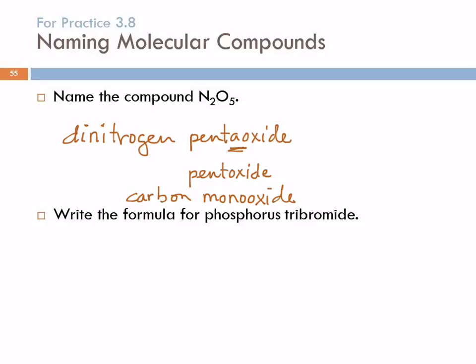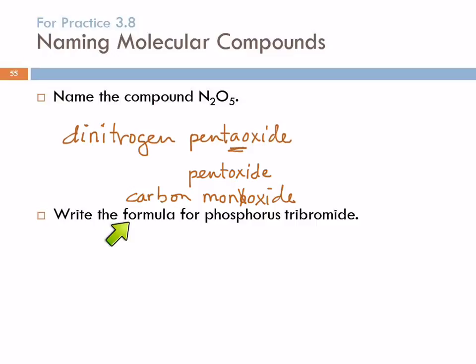Don't tell me that doesn't look weird. It looks like monoxide, right? So we drop the O there. But sometimes we don't drop the vowel. So we're just going to not worry about it. So any questions about naming the compound?